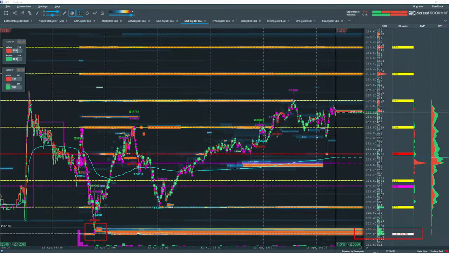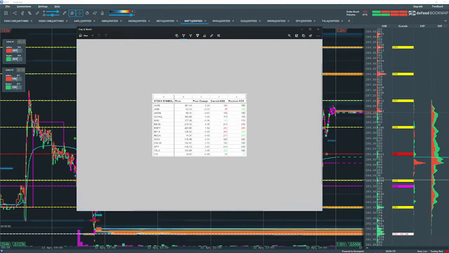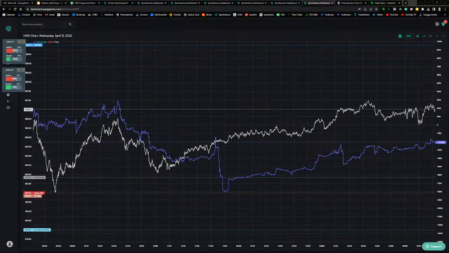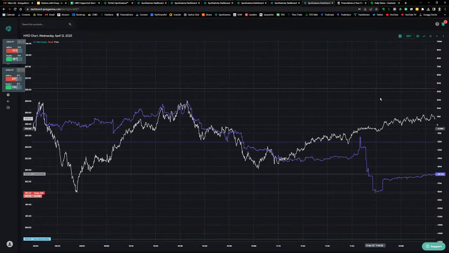Let's go back and take a look at Hero. So let's zoom in on this in the morning. The divergence long again.